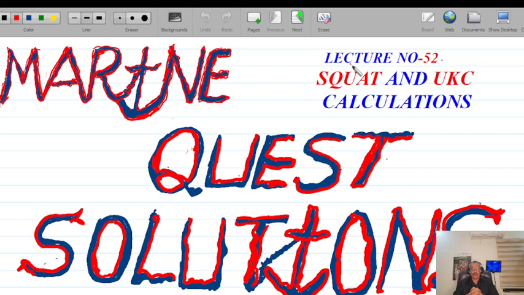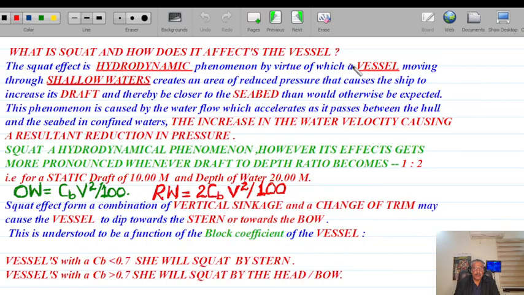So we begin with lecture number 52, squat and UKC calculations. First and foremost, we must know what squat is and how it affects the vessel.